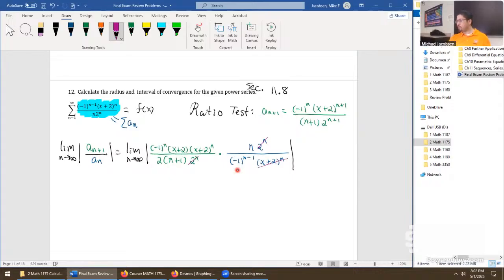Here's the exponential function with base x plus 2, also eliminated. Through the absolute value portion, you can cancel your negative signs right here if you'd like. Now we don't have to worry about them. And left behind, x plus 2, n over n plus 1, and a 2. Here's our next step to write. This is equal to the absolute value of x plus 2 coming from this position, divided by 2.